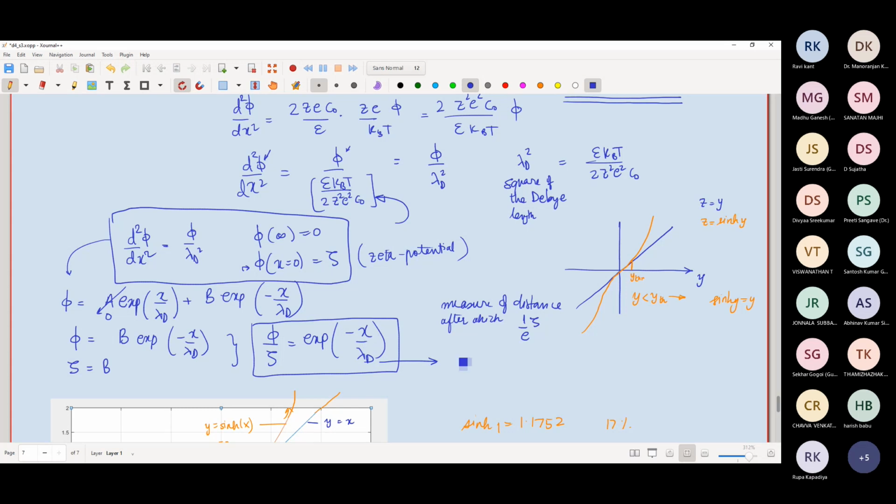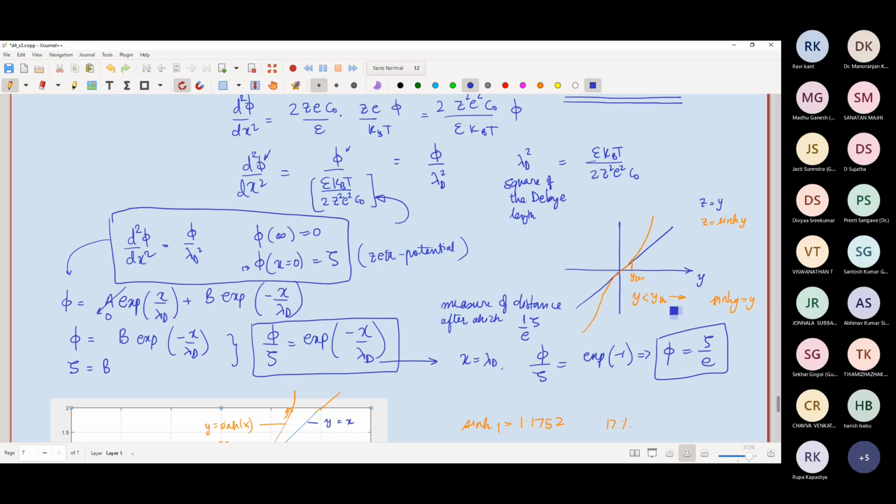Meaning when x equal to λD, when the distance from the wall is equal to λD, we will have φ over ζ is equal to exponential of -1, which implies φ is equal to ζ over e. So the value of the potential has decayed by a factor of 2.7.